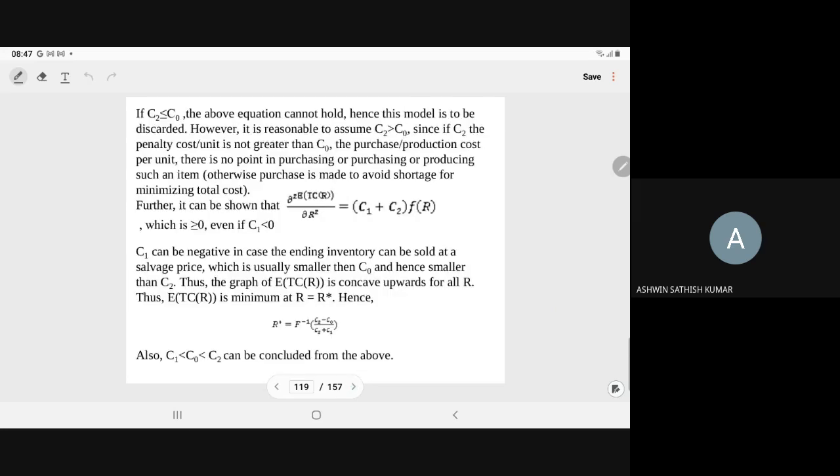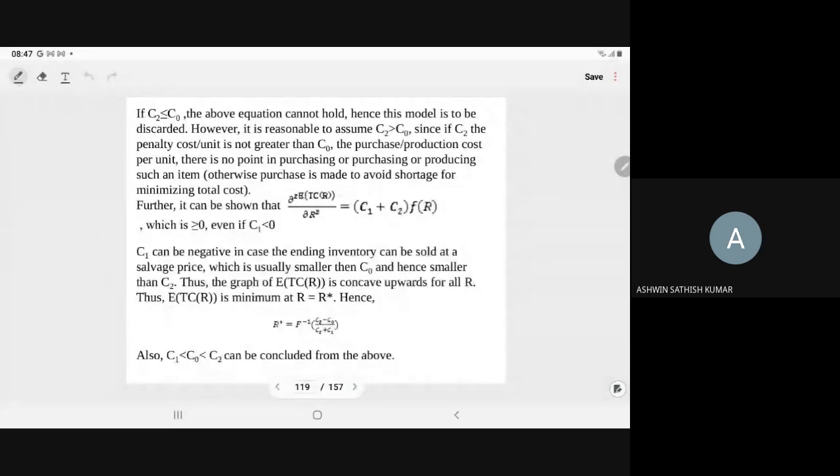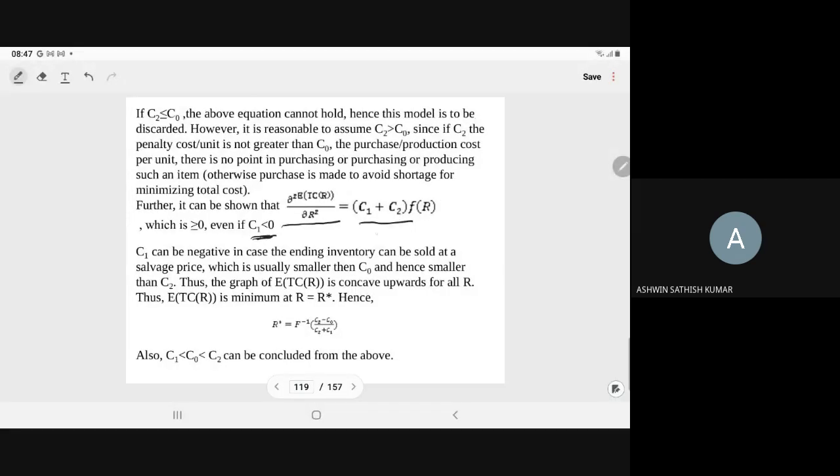Here, del 2 ETC by del R2 is equal to C1 plus C2 into f of R. Even if C1 is negative, C1 plus C2 is always positive, so that will be greater than 0.